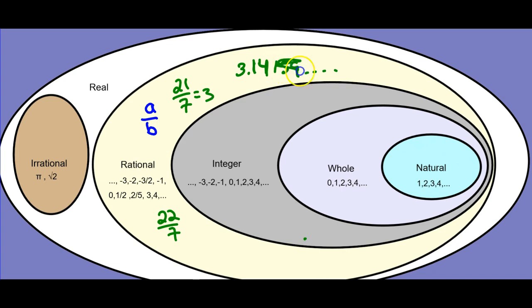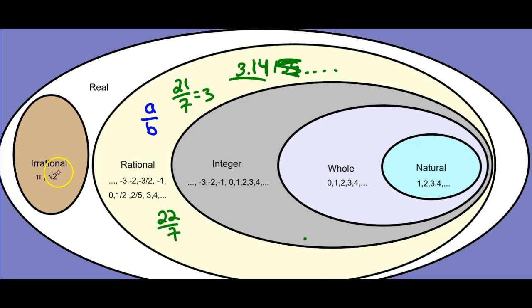Even when we use in our calculator 3.14, that's not exactly pi. It's an approximation. It's really close, but you're cutting off some value here when you use 3.14 for pi. So since no number or no fraction can equal pi exactly, we say that pi is irrational.